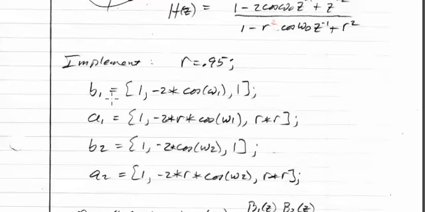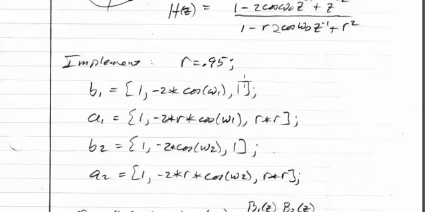So here we build up the b coefficients. The b's look exactly the same as they did for FIR. And here's the a coefficients. I told a lie. This is not r squared. It was right to begin with. It is just a 2.